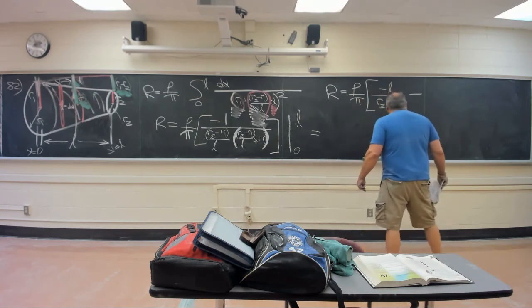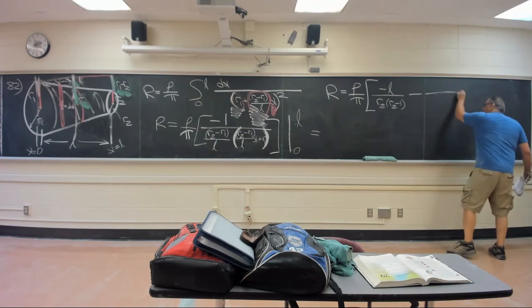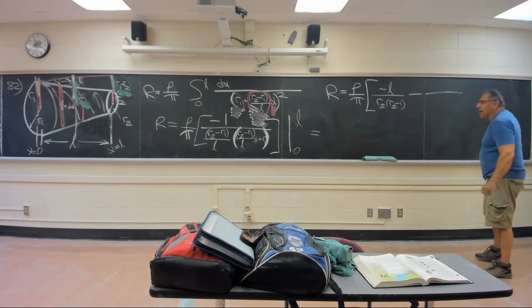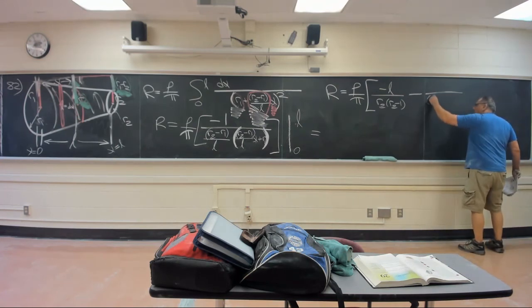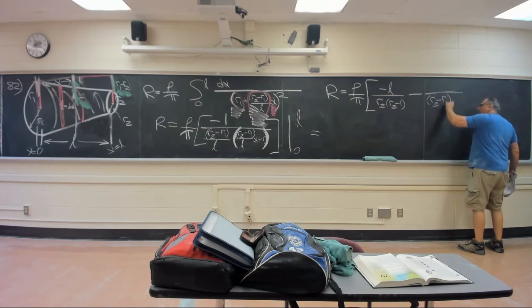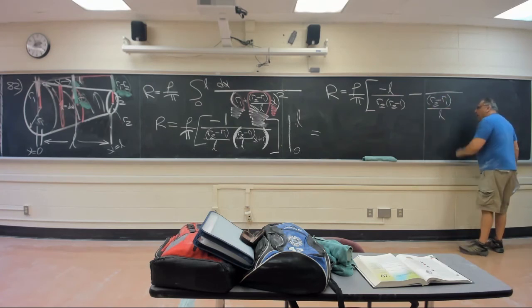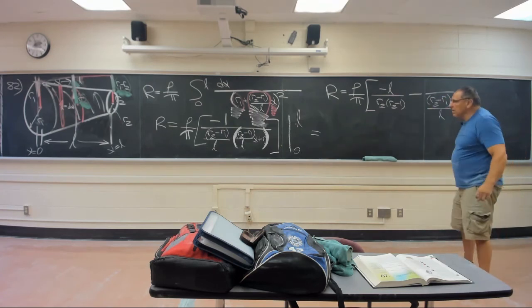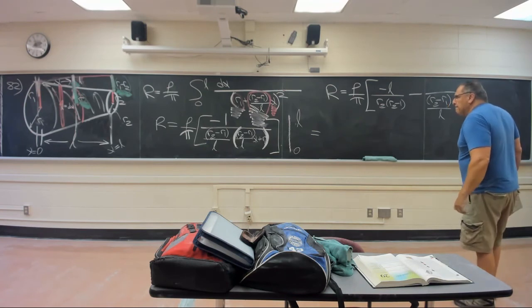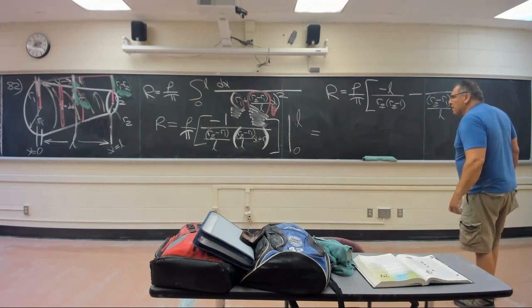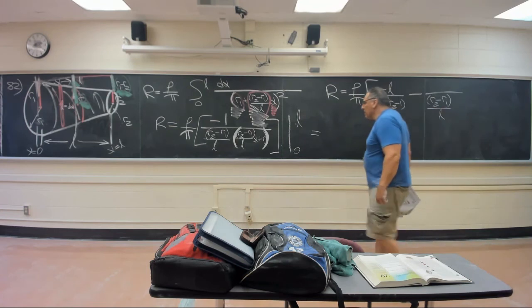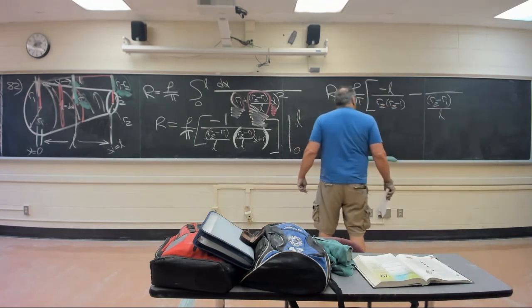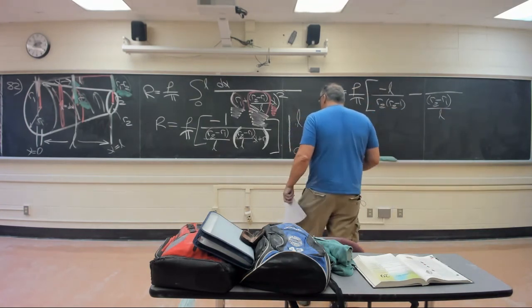I'll tinker with this some more, guys. Let me just write it down as it is. R2 minus R1 over L, times... why am I having an issue here?